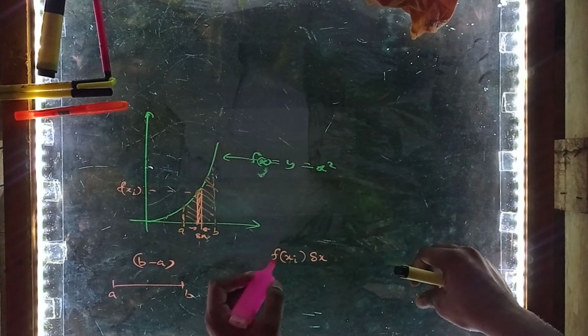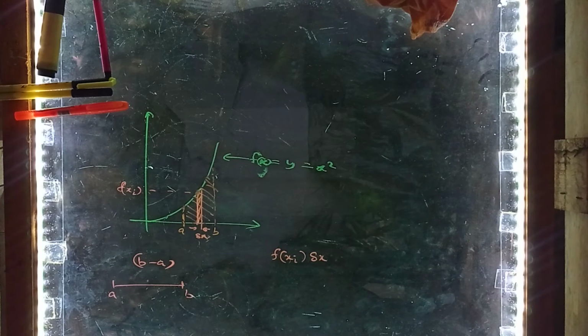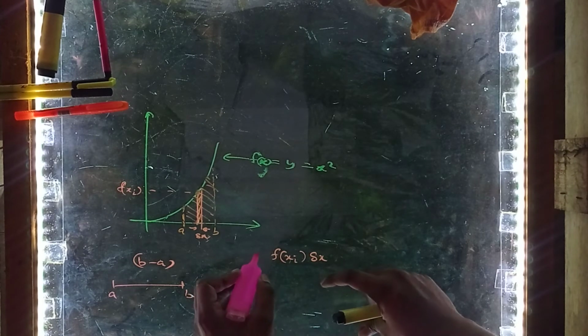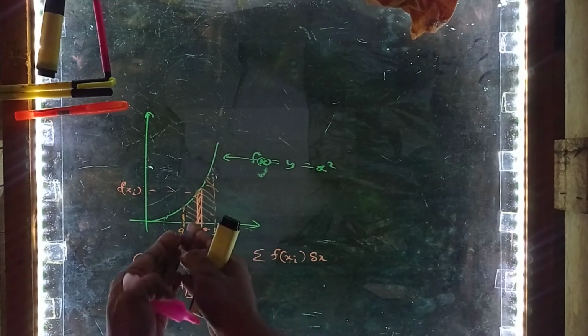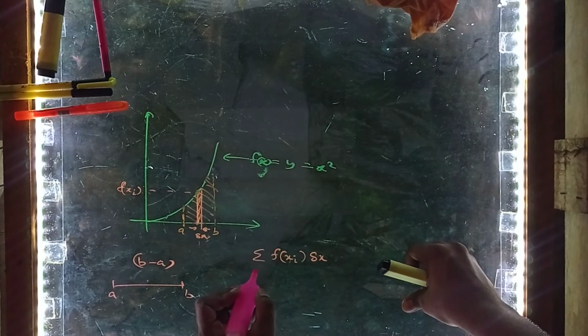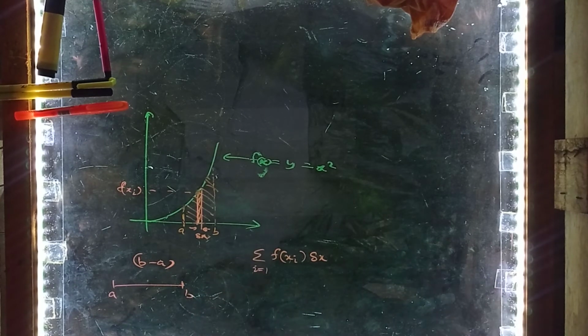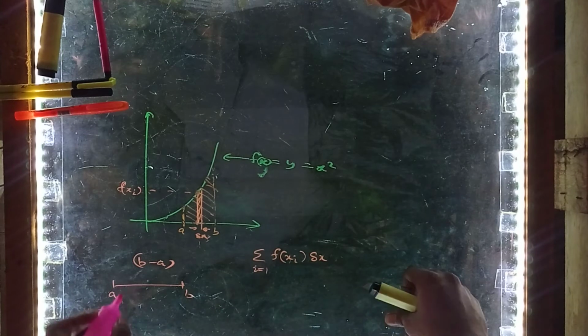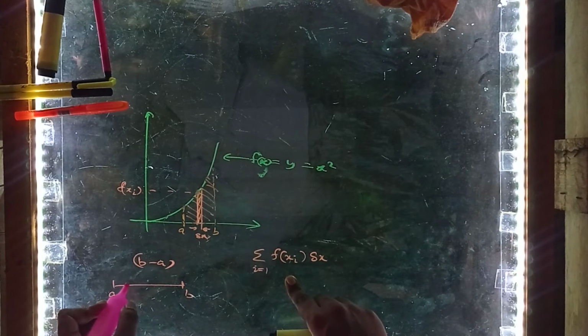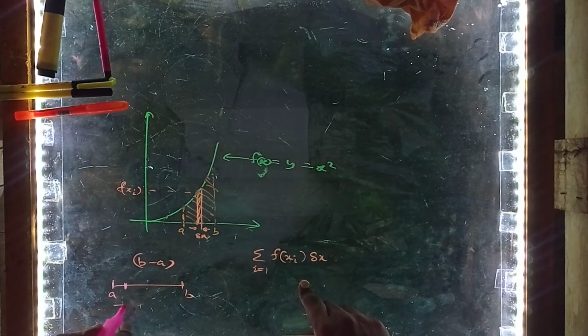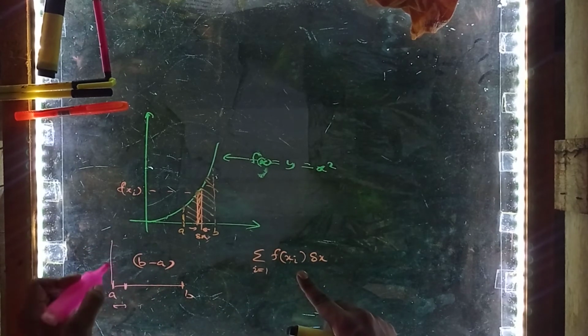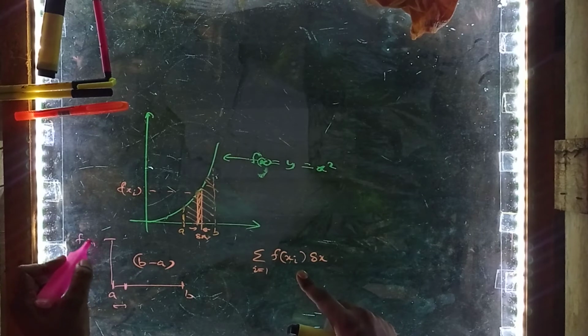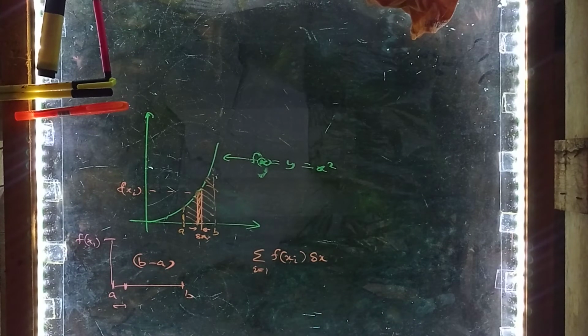Height times width gives you the area of a small rectangle. We need to get the summation from here to here. The height starts from the first graduation, f of x1.